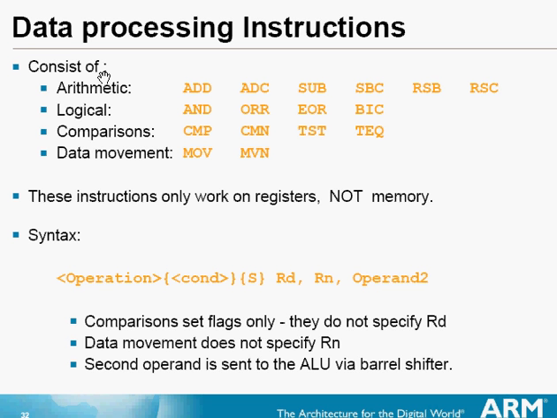In arithmetic we have the add operation, ADC, add with carry, SBC, subtract with carry, and RSB, reverse subtract. Logical operations: AND, ORR, EOR and BIC. Comparison: CMP, CMN, TST, TEQ.